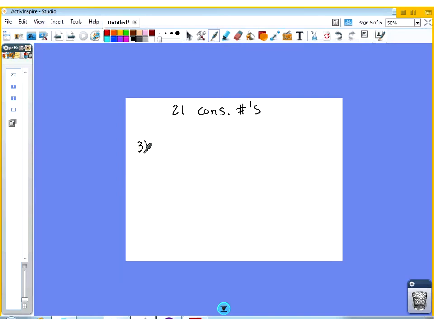So remember, for 3 we had 3n plus 1. For 5 we had 5n plus 2. So what do you think for 7 you're going to have? 7n plus 3 maybe, right? And for 9 you're going to have 9n plus 4.